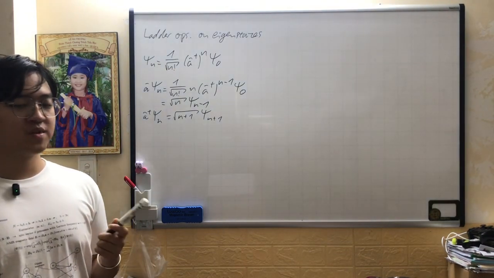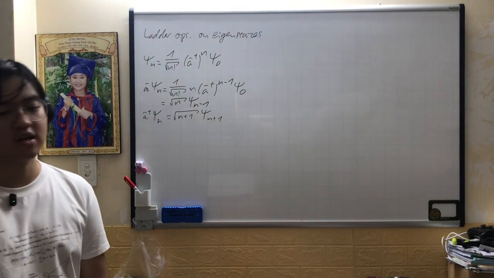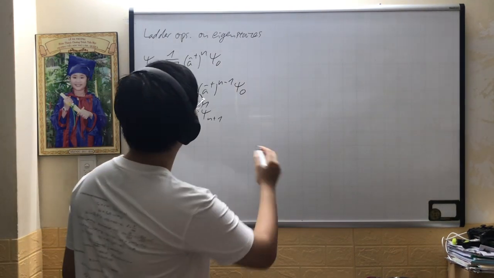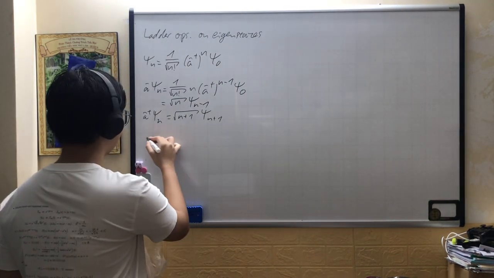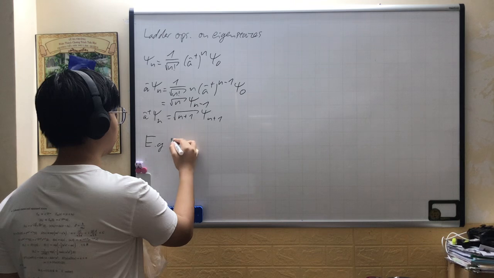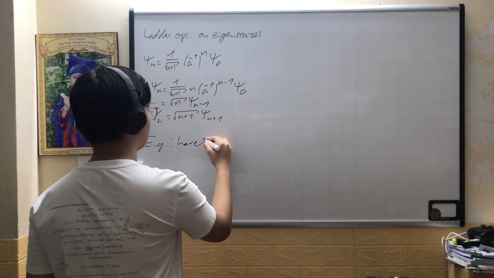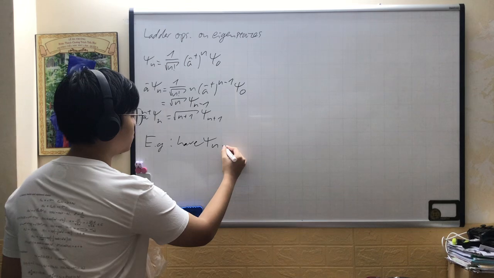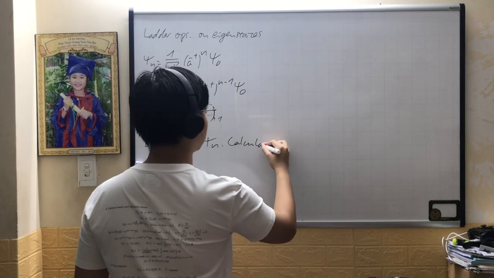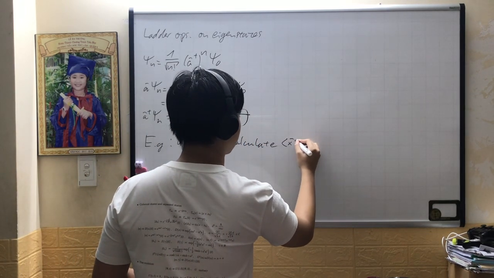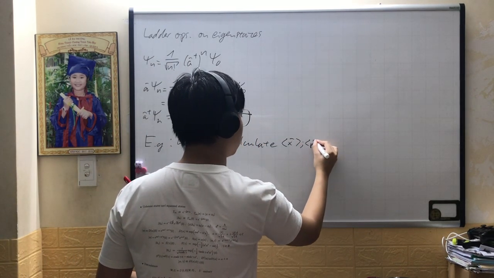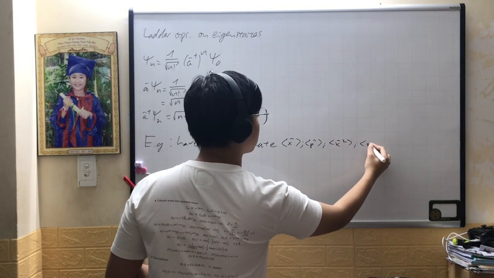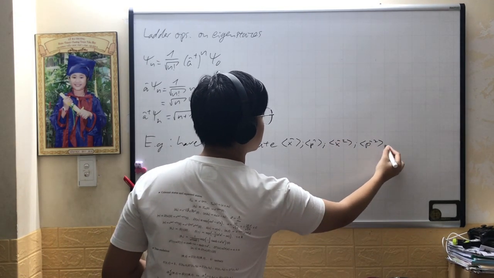Okay, so we might as well just take a look at an example. Now, the example is that you have a state, say psi n. Now you want to calculate the x, p, x squared and p squared.